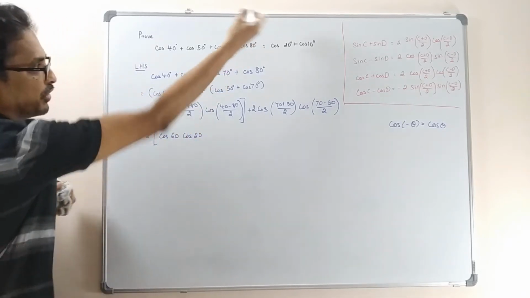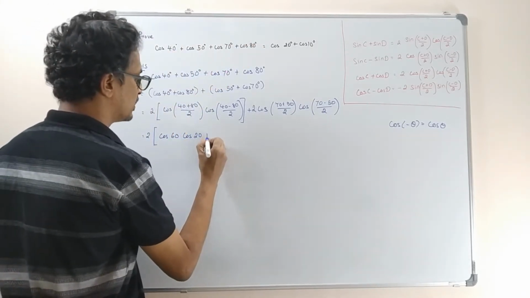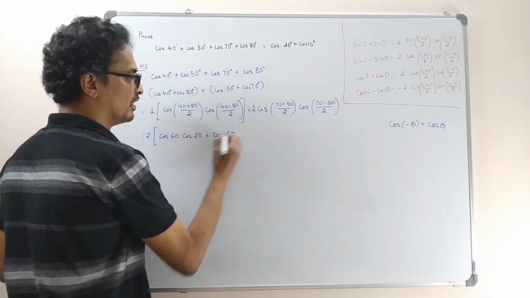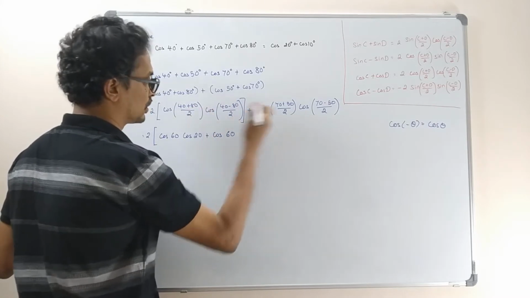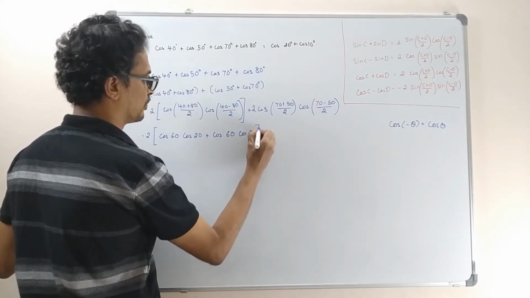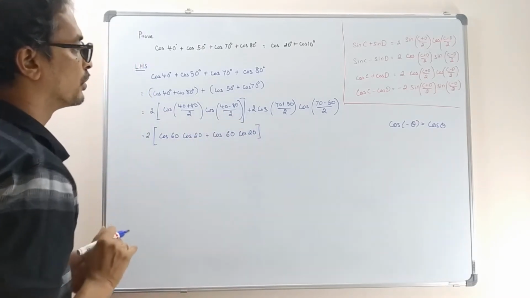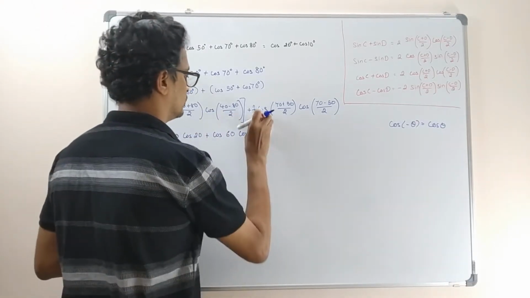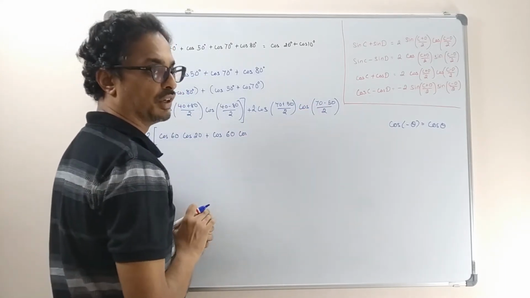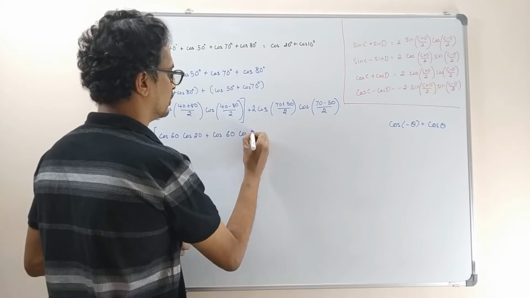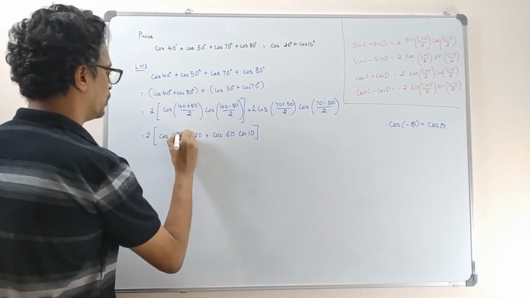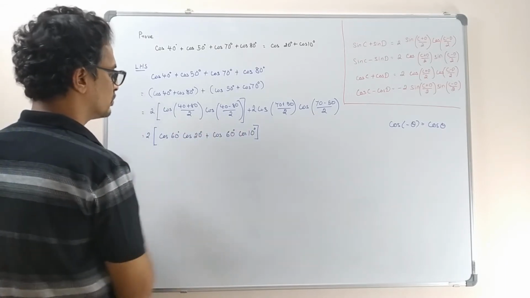So already we got that number. Plus cos 60 again, that's why we took it common, into cos of 50 minus 70, that is 20, and 20 divided by 2 equals 10.